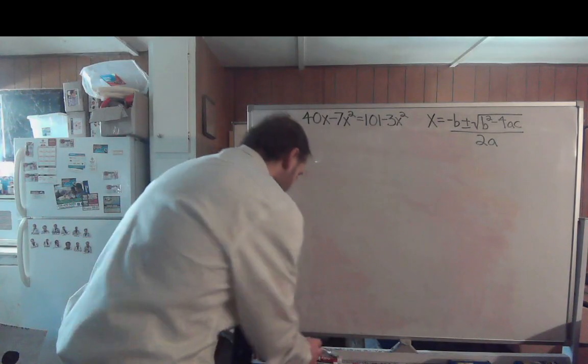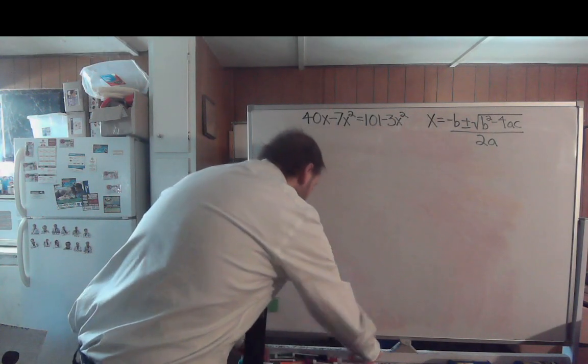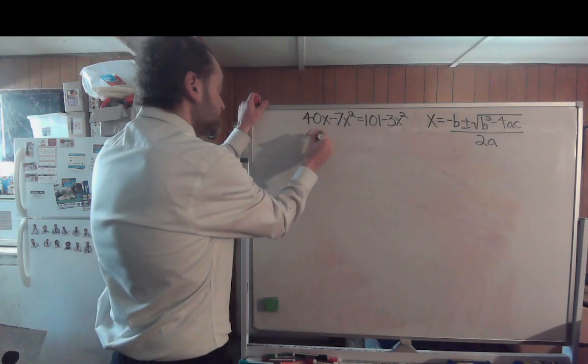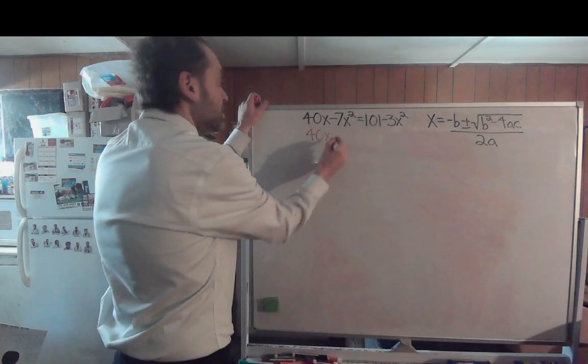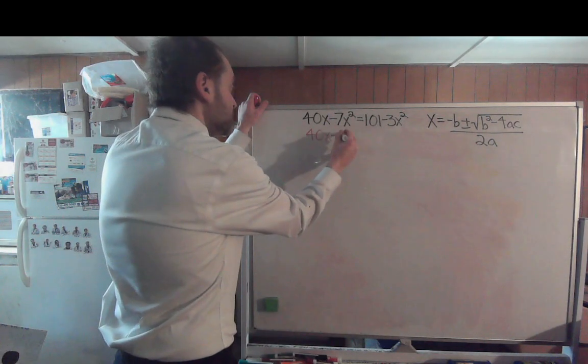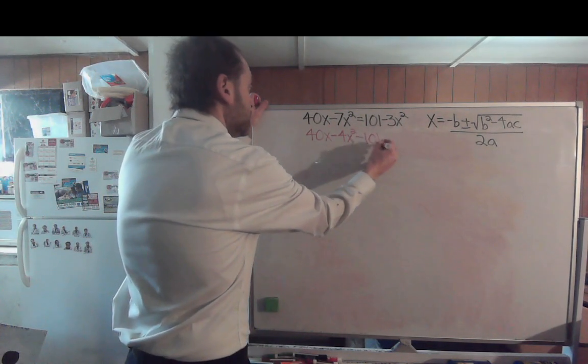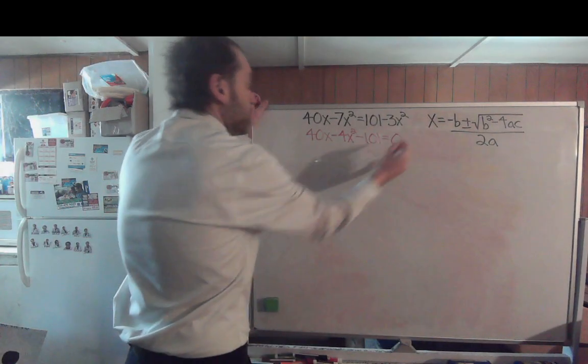So if we do that, we'll end up here with 40x minus 4x squared minus 101 is equal to 0.